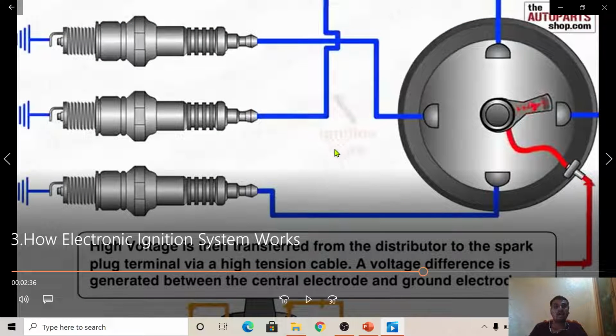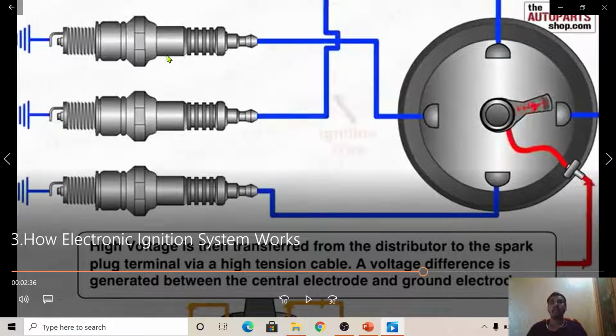As we already discussed for the battery ignition system and magneto ignition system, a number of spark plugs are there. Suppose a multi-cylinder engine has spark plugs 1, 2, 3, 4 connected to the distributor, as we discussed in earlier videos. The high voltage current coming from the distributor rotor jumps from the rotor to the distributor point, and then from the distributor point to the respective spark plug.